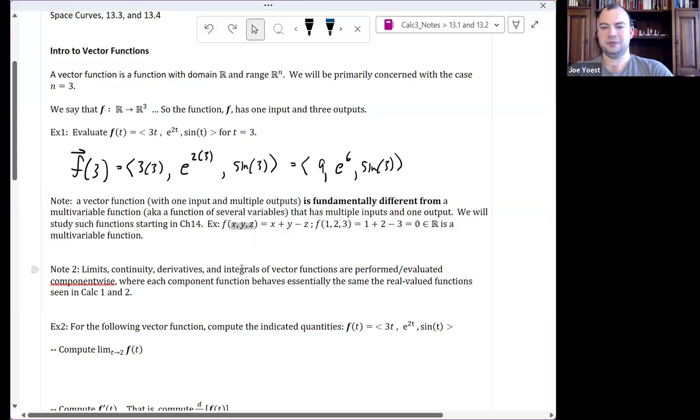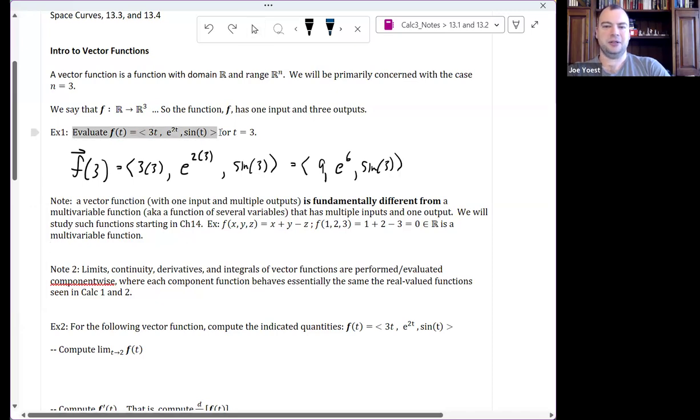It takes as input multiple variables, in this case x, y, and z, and gives an output that's some combination of those variables, in this case x plus y minus z. So for instance, f evaluated at 1, 2, 3, where x equals 1, y equals 2, z equals 3, would be 1 plus 2 minus 3, or 0, a real number. That's what we mean when we say a multivariable function.